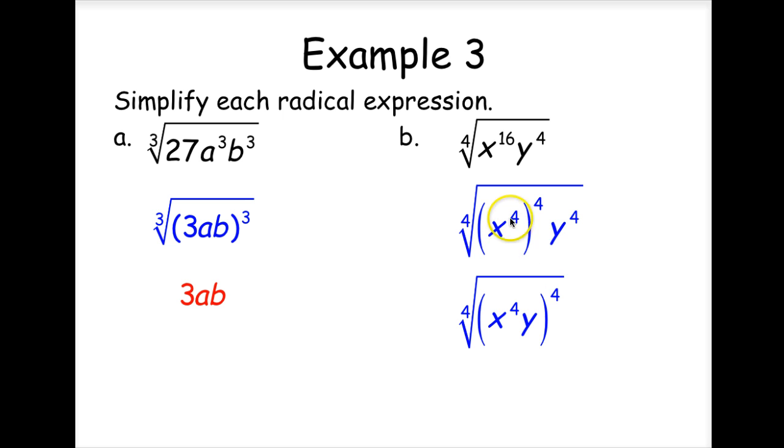We can rewrite this as x to the 4, y, all to the 4th power, right? Now this is an even index, even power, and this is odd. So whenever you see even to the odd, y to the 1, we have to put our y in absolute value symbols. Okay, very good. You're ready to begin working on the exercise.